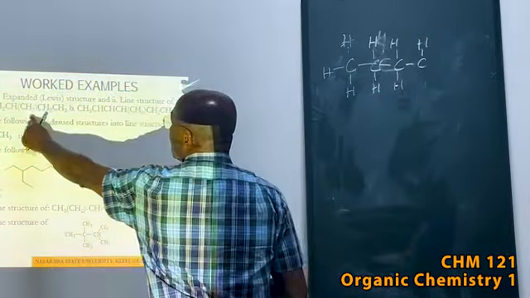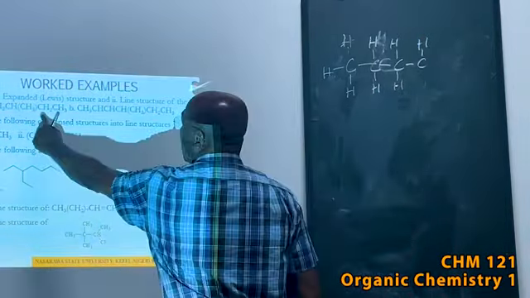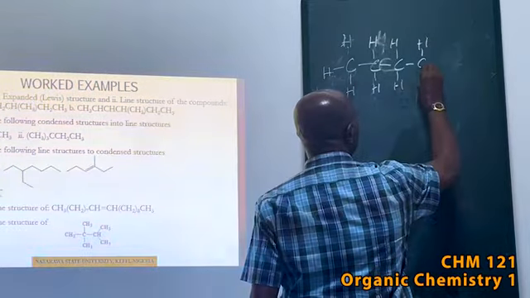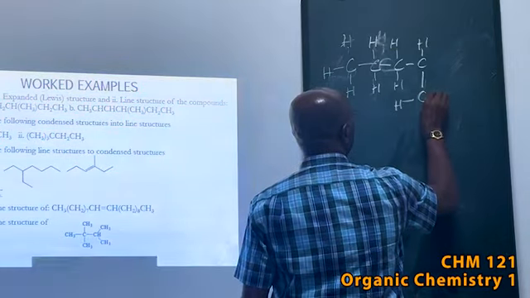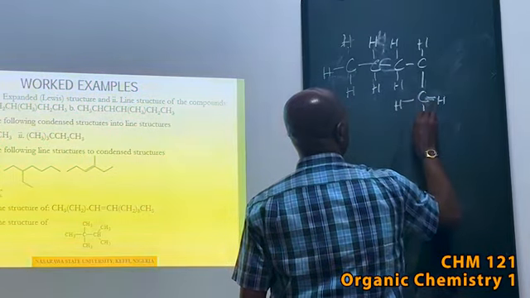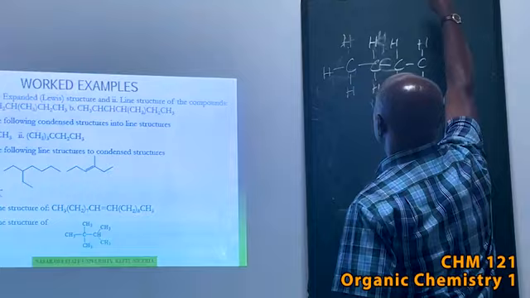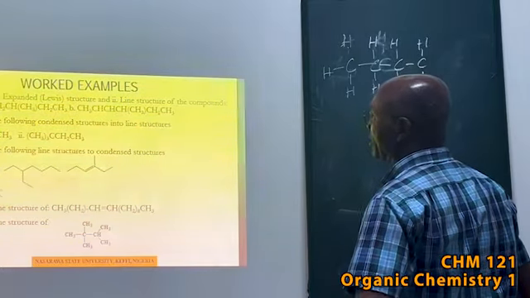Now you see the CH3 in parentheses because that one is actually bonded to that carbon. So I put this CH, H, H. Now this thing I can put it up and put this H down, it doesn't matter.